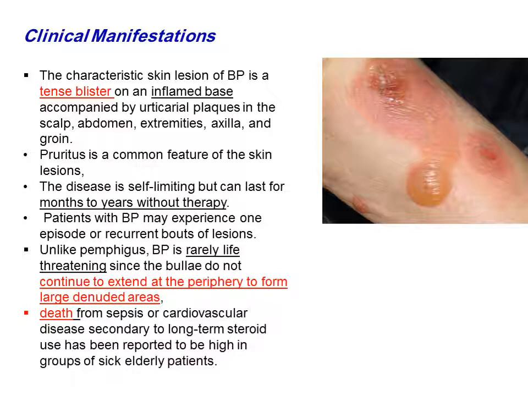Patients may experience one episode or recurrent lesions. Unlike pemphigus, bullous pemphigoid is rarely life-threatening since blisters don't continue to extend at the periphery to form larger denuded areas. Death from sepsis or cardiovascular disease secondary to long-term steroid use has been reported to be high in a group of sick elderly patients.